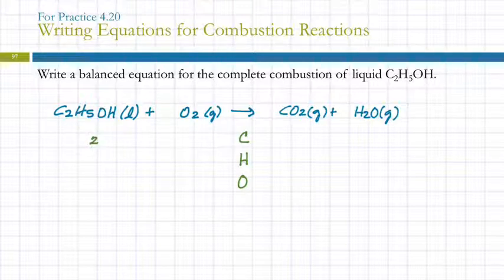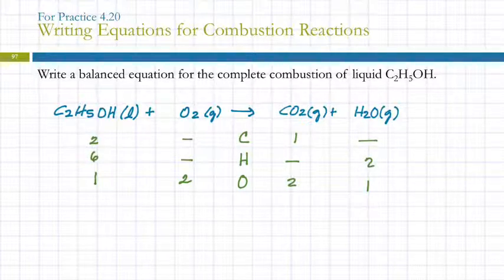And how many hydrogens? 6. And how many oxygens? In the ethanol, there's only 1. And over here, we've got 2 oxygens and none of the other stuff. And over here, we've got 1 carbon, no hydrogens, 2 oxygens, 1 oxygen, 2 hydrogens, no carbons.